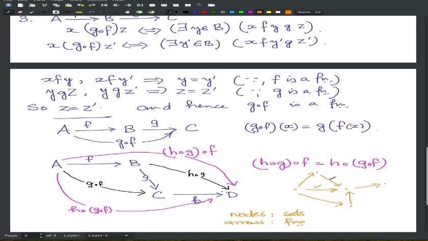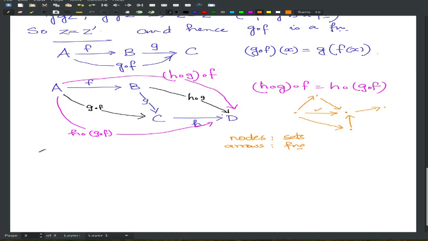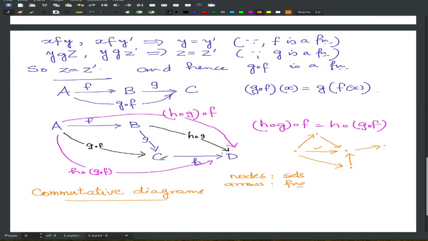So an equation involving composition of functions can alternatively be replaced by such commutative diagrams, and we will call them commutative diagrams. You will see that usage of these diagrams is of great help in the sense that a pattern would seem to emerge from this usage. Okay. All right.